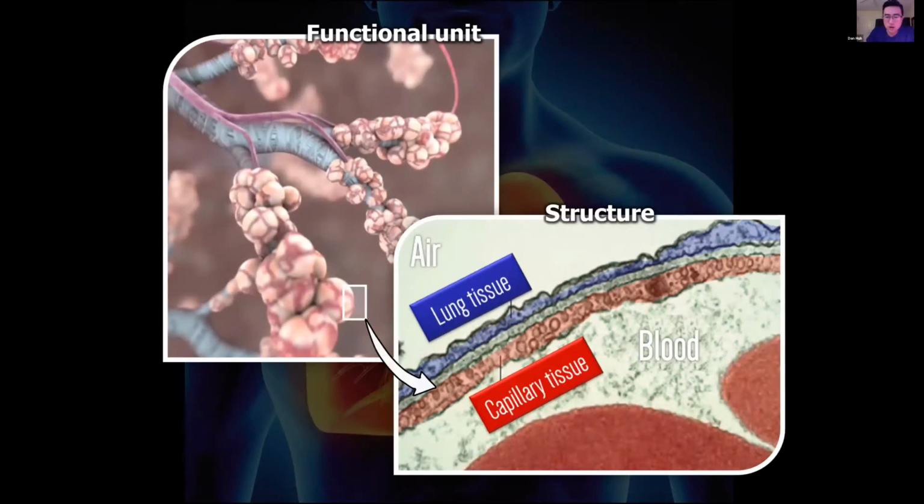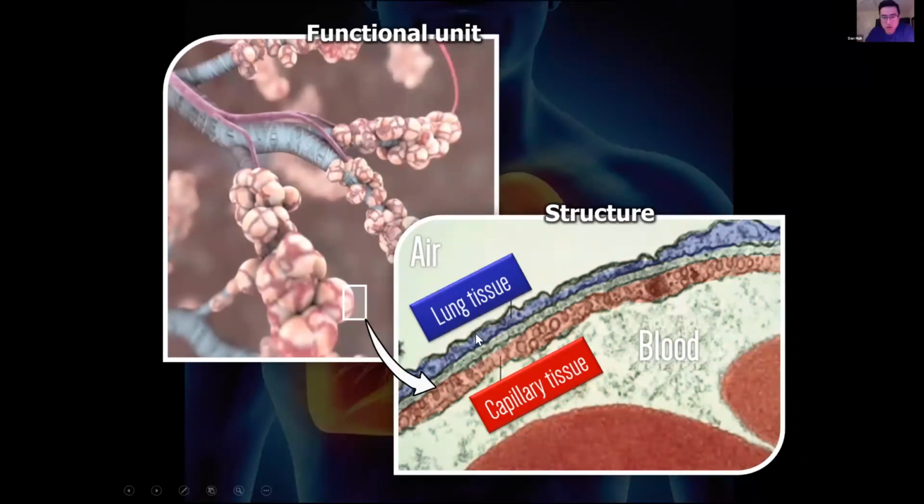What I'm showing here is a section showing the alveolar capillary interface between air and blood. One of the most critical functions of the lung is gas exchange, and to make that happen, the alveolar air sacs are covered with blood capillaries. I'm showing the barrier between an alveolar air sac and one of the surrounding blood capillaries.